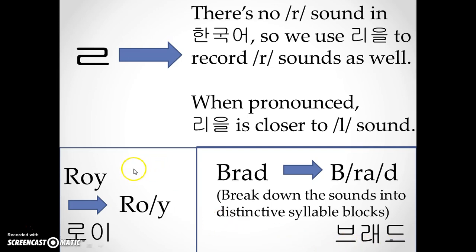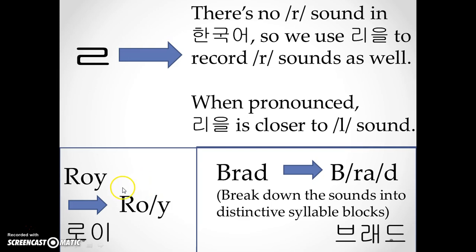Next one is Roy. Okay? Roy again has R in the front. It also has just one syllable if you clap it. Just clap it once, right? In English, but not in Korean, because you have to break it down into more distinctive blocks. So you break it down. That's going to be the first part, the Ro part, and then the second part will be the Y part.